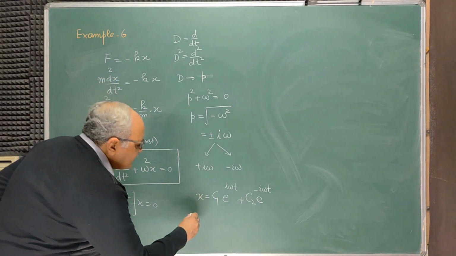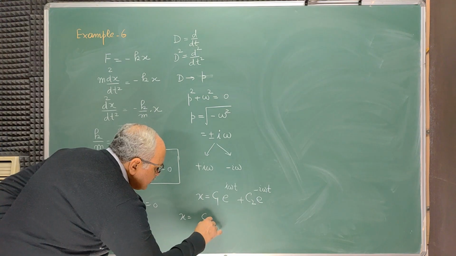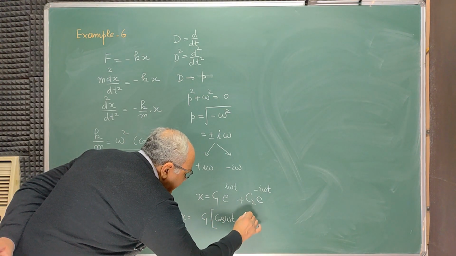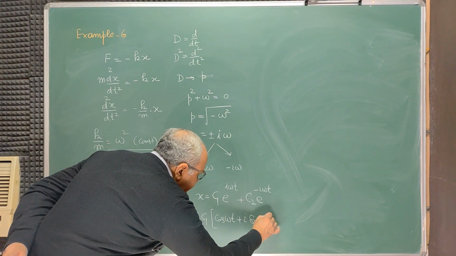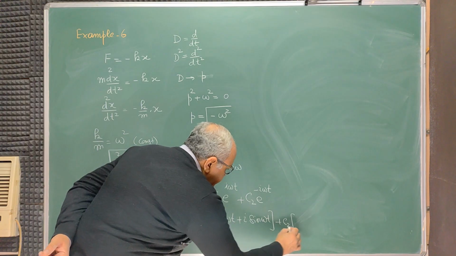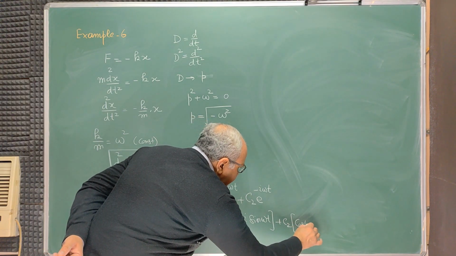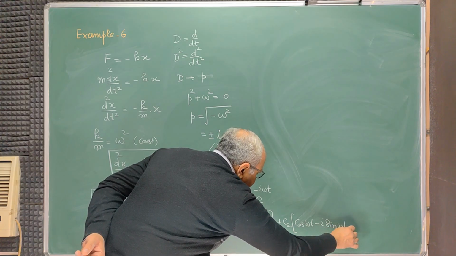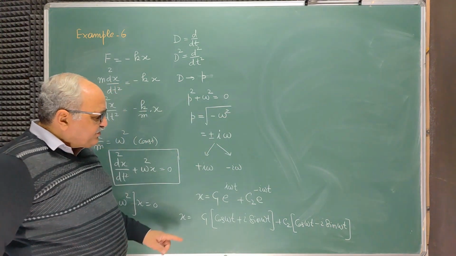Now if I expand this, x equals c1 times cos omega t plus i sin omega t, plus c2 times cos omega t minus i sin omega t. This is the expansion for the exponential function.